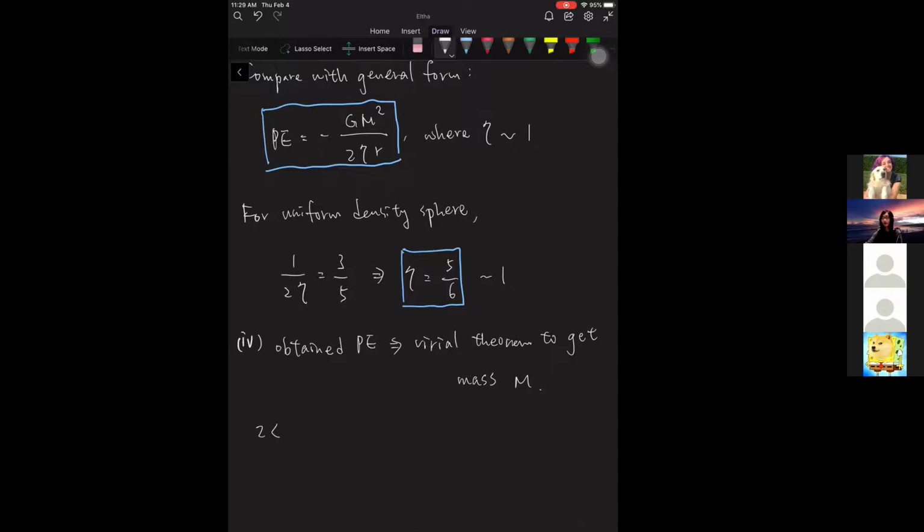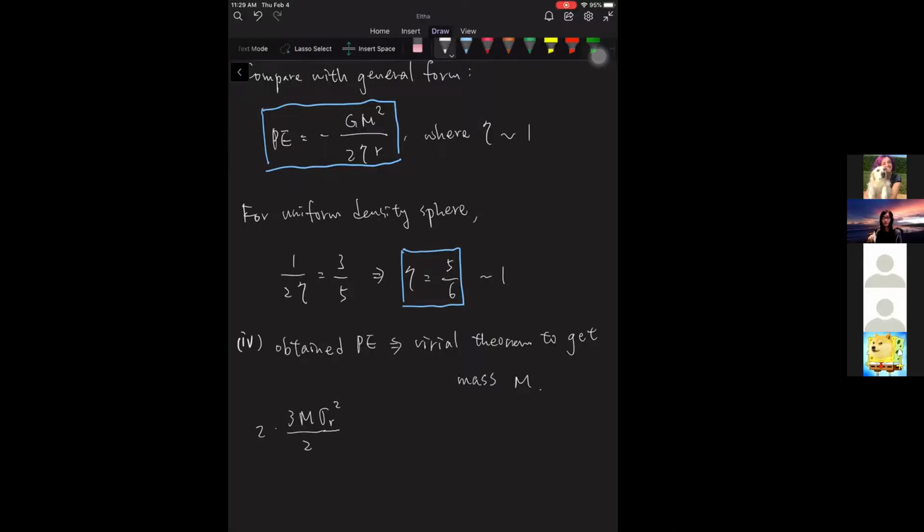So 2 times the kinetic energy, and as mentioned last week, the kinetic energy should be 3/2 m times the velocity dispersion squared, right? So there's a factor of 3 because we assume isotropic motion, and what we measure is a radial component.